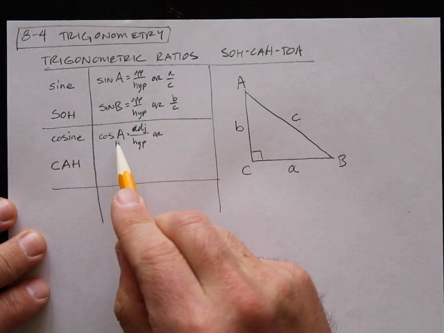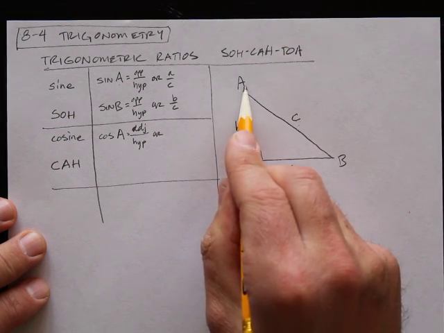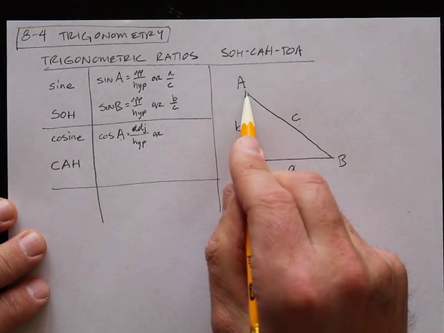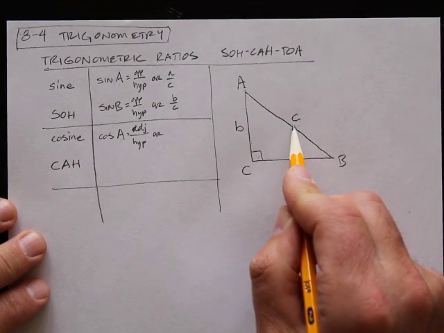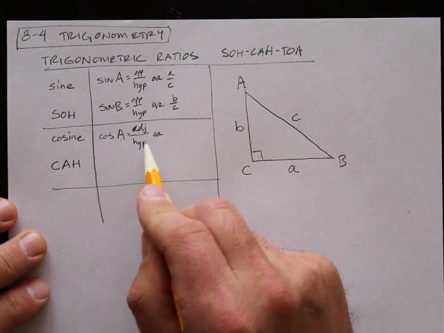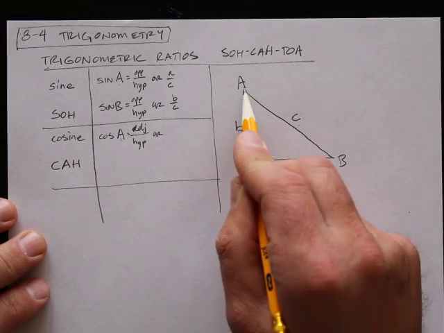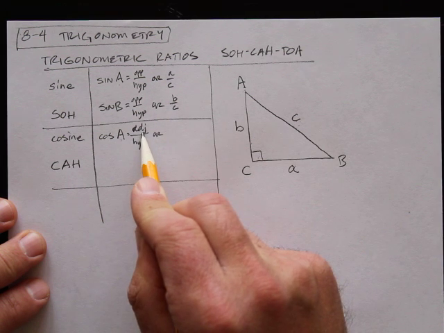So I find cosine of A, so A is the angle that I'm looking at. Cosine is the adjacent, that's the one that's next to it, over the hypotenuse. So hypotenuse is here, and the adjacent leg is what's going to go in the numerator.